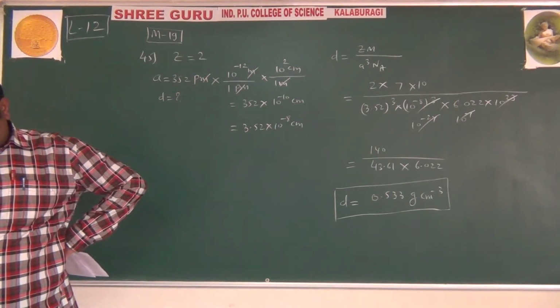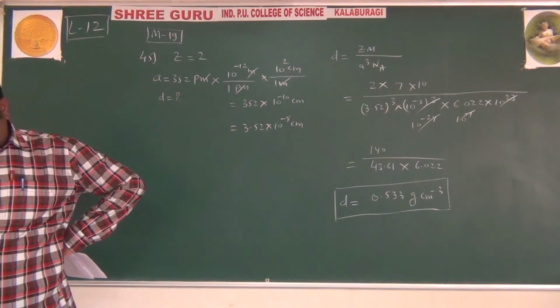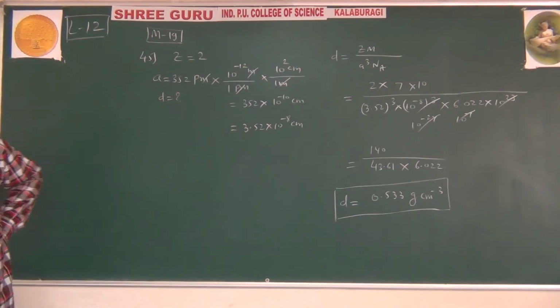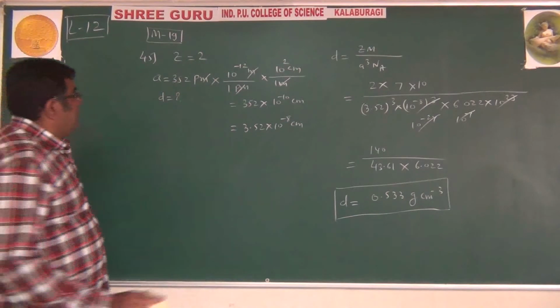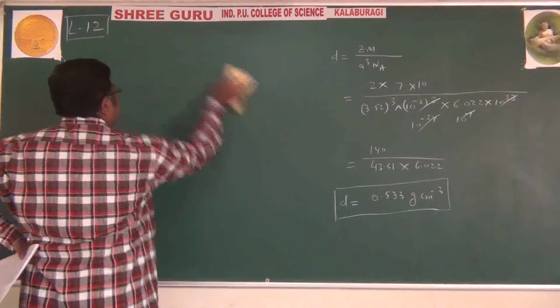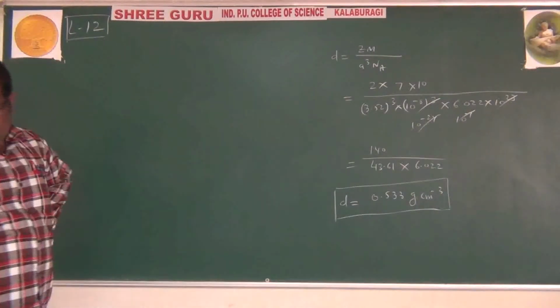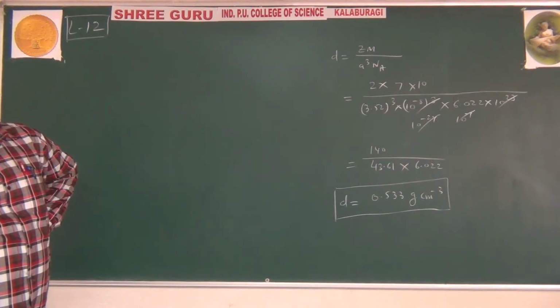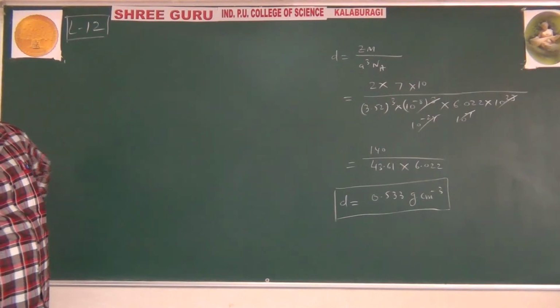What is the edge length of its unit cell? Density has been given in question number 48. So we can solve that question also. It is June 19, question number 48b we are solving.